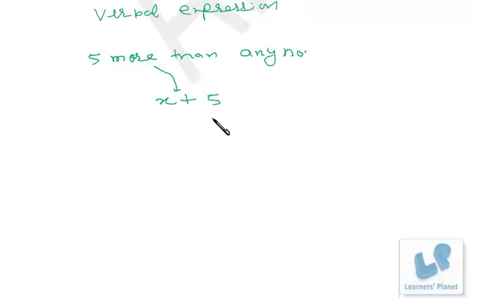To write verbal expressions, we use various terms, for example more, less, diminish, decrease, increase, times, by, and various others. We'll be taking some examples where we have to convert verbal expressions to algebraic expressions, so you'll be able to understand things in a better manner.